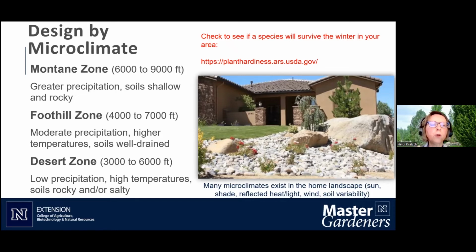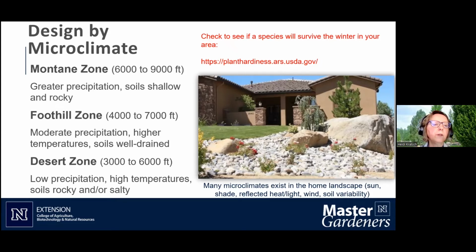The foothill zone occurs between 4,000 and 7,000 feet. At this level, even though precipitation is not that much different from the montane zone, you do have higher temperatures. And so plants tend to lose water more quickly and will need to be watered more frequently. Also, the soils in this zone are well drained. And then the desert zone is from 3,000 to 6,000 feet.